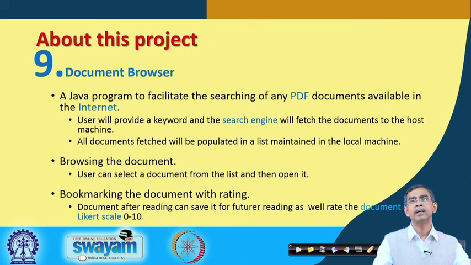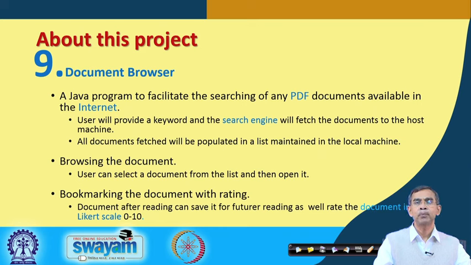Once the list of documents is fetched into the user's machine, the user can select any document of his choice, given the titles of all the documents in the list itself, and then the document needs to be read by the user. Here again some functionalities are to be added: a document will be opened, marked, saved, rated, whatever it is.